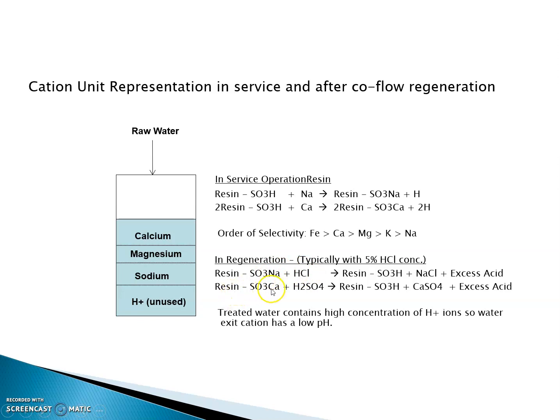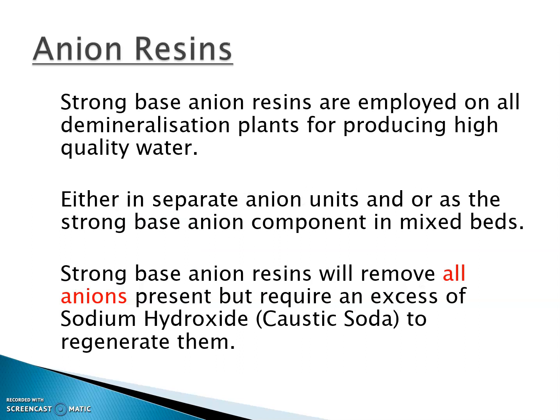Similarly, the calcium salt is replaced by the hydrogen and the calcium is converted in the form of calcium sulfate as a byproduct. And the remaining untreated acid, without affecting the system, can be easily removed from the process. The treated water contains a high concentration of H plus ion, so water exits the cation unit at a low pH.